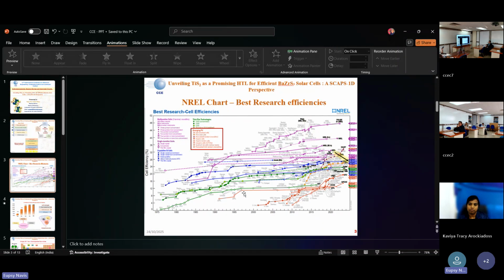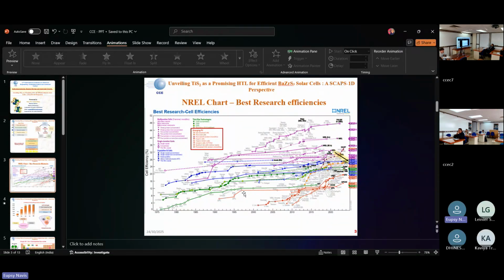Looking at this NREL chart, it reflects the best research efficiency of all the solar cells. In the line graph, we can see that all the traditional solar cells took decades and decades to reach their maximum power conversion efficiency.